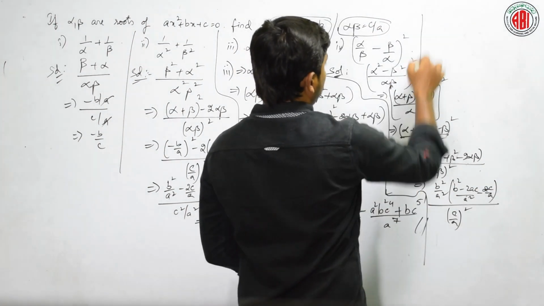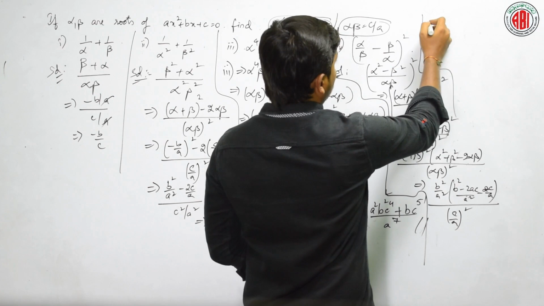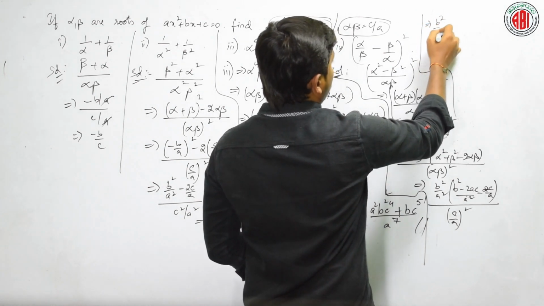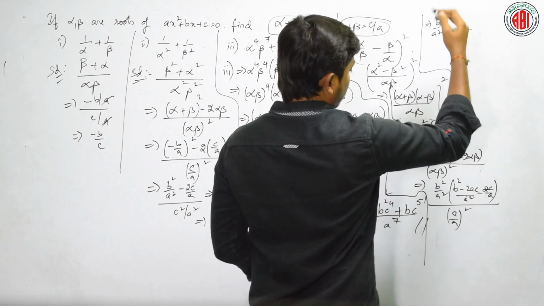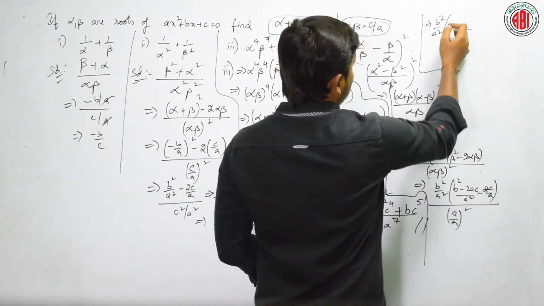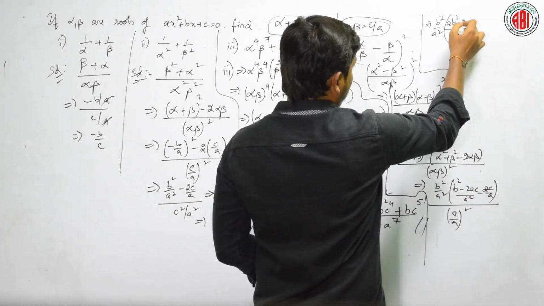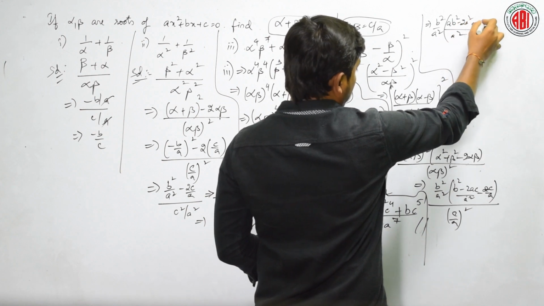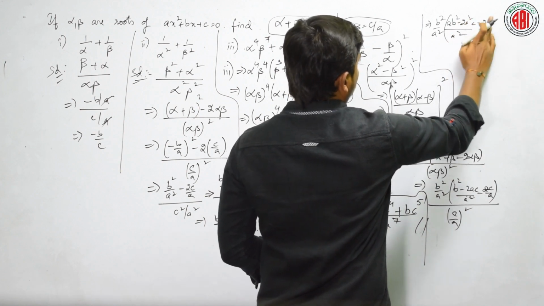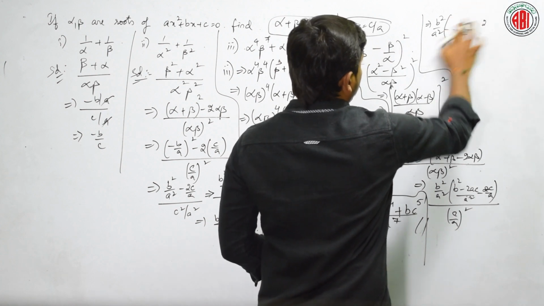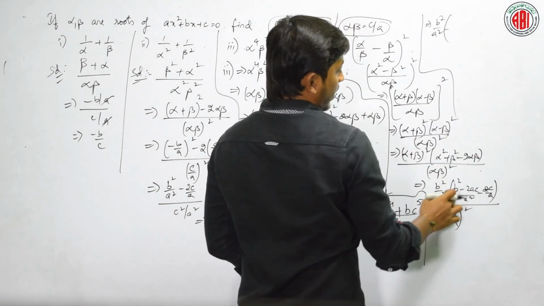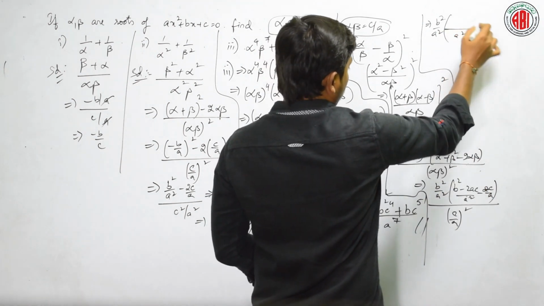Let us simplify this. What do we get? B square by a square into, here the LCM is a square, what do we get?